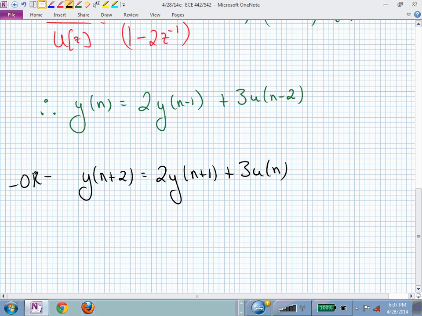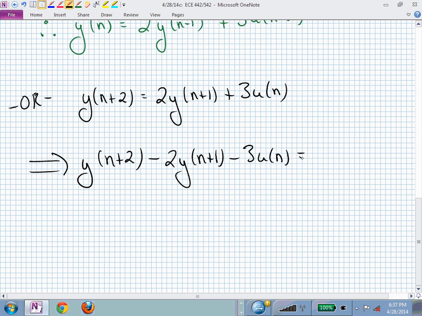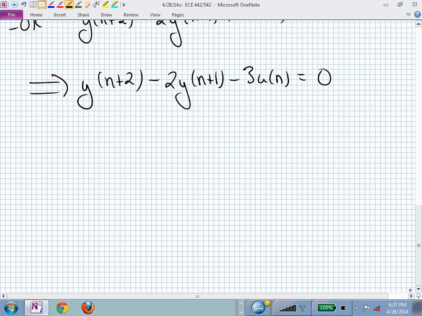It's behaving exactly the same, but now I can start to think about processing that with delay blocks. If I have the output signal y and the input u, meaning let me go ahead and rewrite that to be y of n plus 2 minus 2 y of n plus 1 minus 3 u of n is equal to 0.